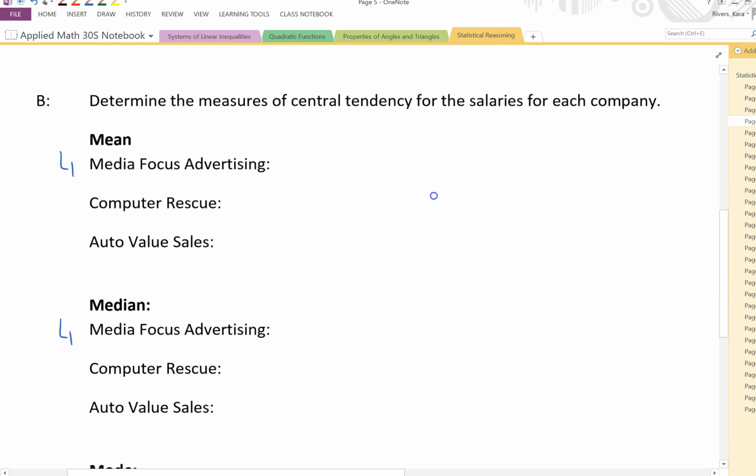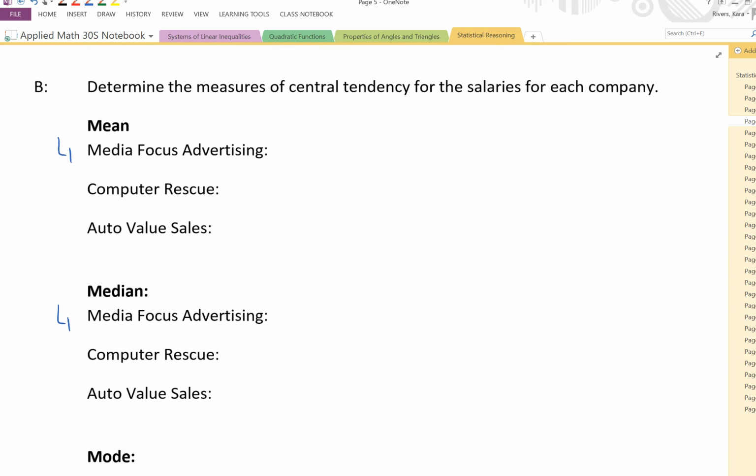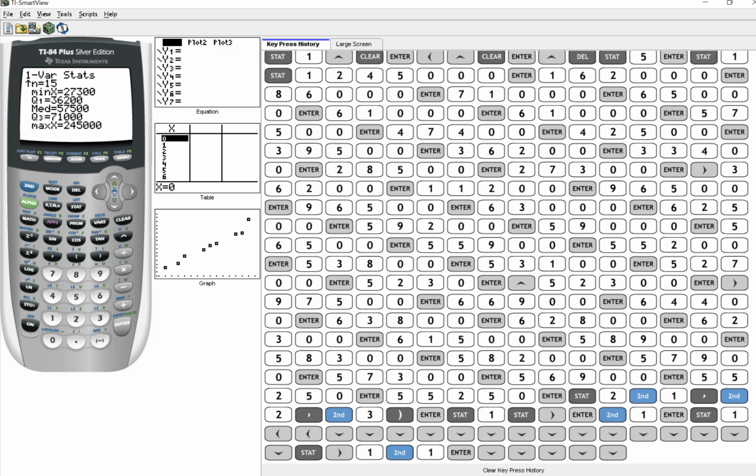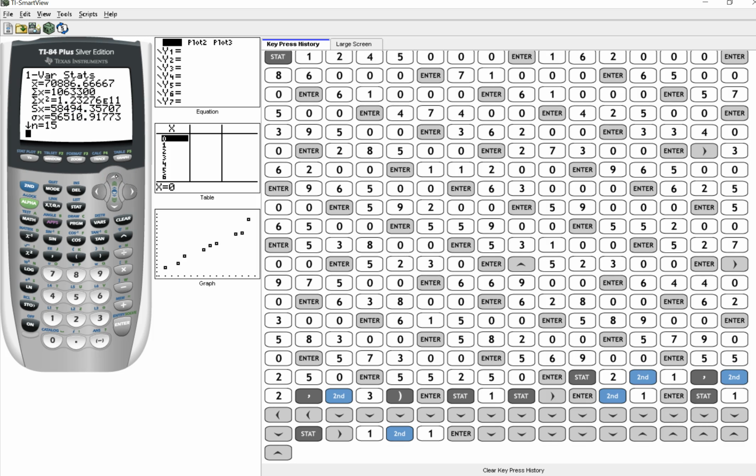B, determine the measure of central tendency for the salary. So central tendency are mean, median, and mode. So go back to your calculator, okay, and we're scrolling up and down here. We want to figure out what our mean is, and our mean is this X bar, right? That very first one, that's our mean. When you're rounding, in general, round to 2 decimal places.